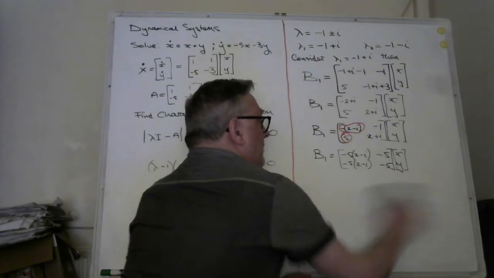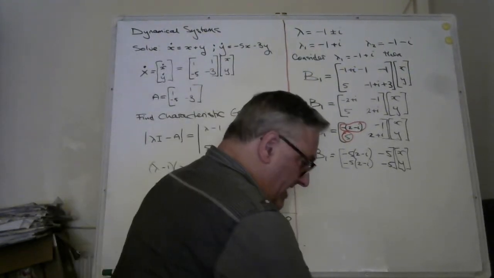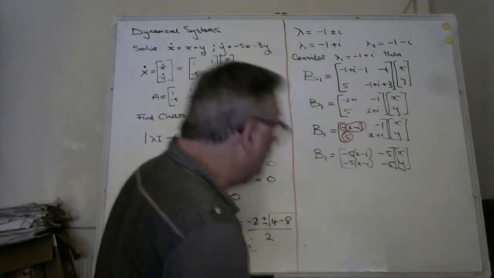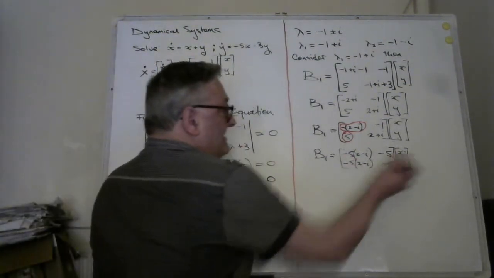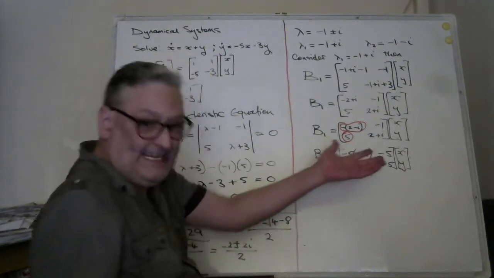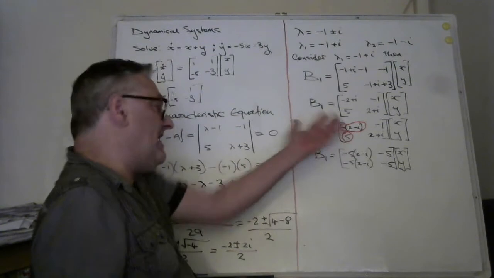So hopefully you've got that. And lo and behold, you can see that we've got two equations here which are identical. They're still multiples of each other, but in this case identical.